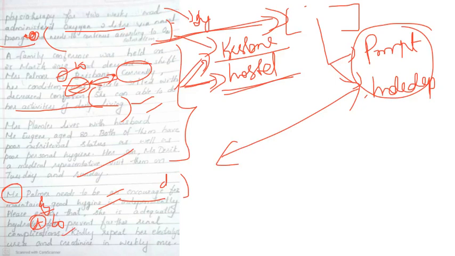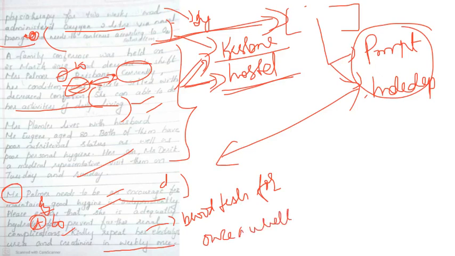Okay, repeat her tests, right? Repeat her blood tests for electrolytes, urea and creatinine once a week. Okay, once a week, that should be written here.